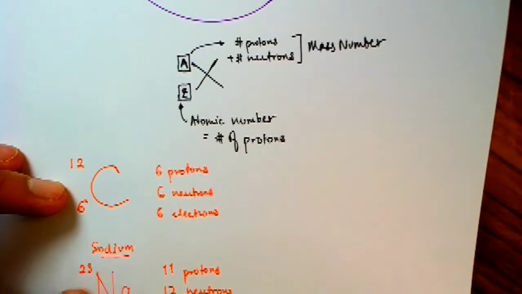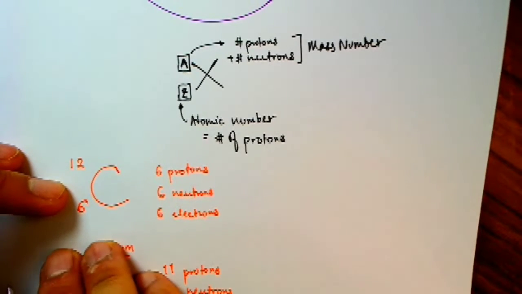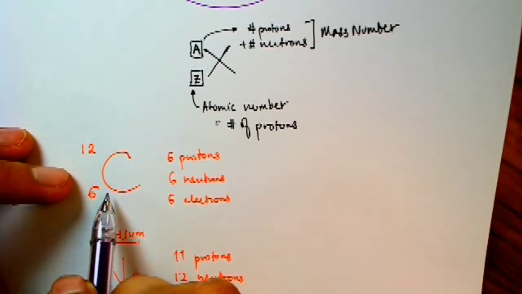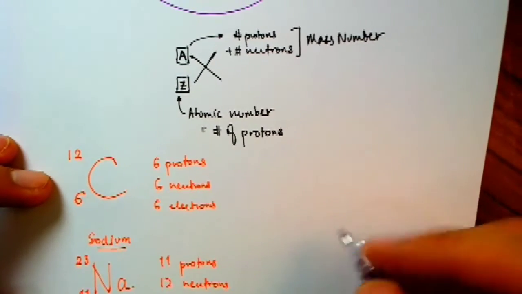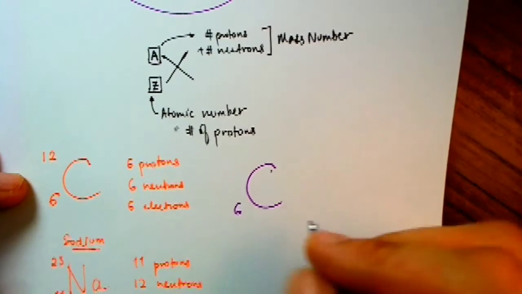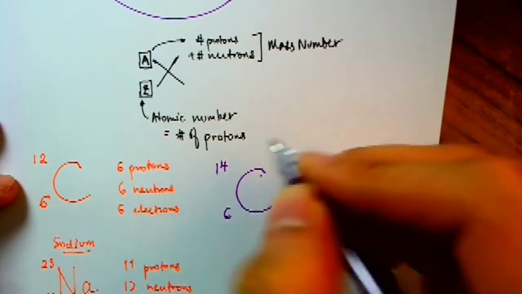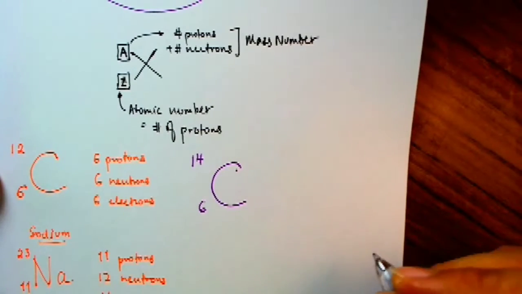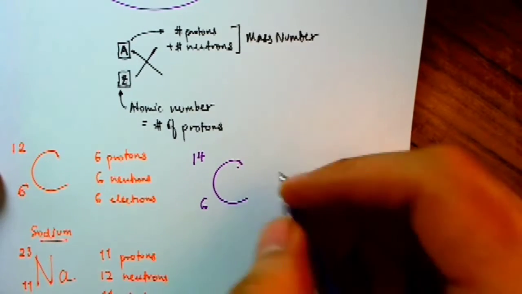See children, carbon has atomic number 6 and sodium has atomic number 23. In a carbon atom we have 6 protons and 14 neutrons. I already told you about allotropes.